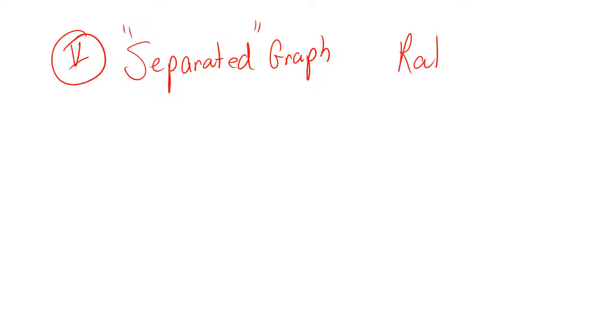A rational function has what we call a separated graph. And by that, I mean it will be in two separate portions. The word rational means fraction.